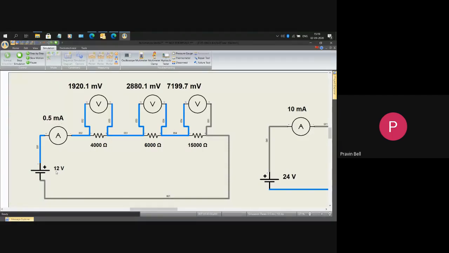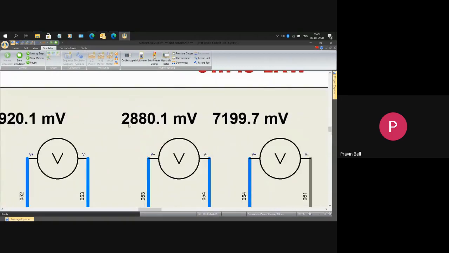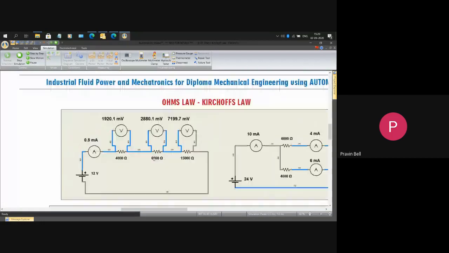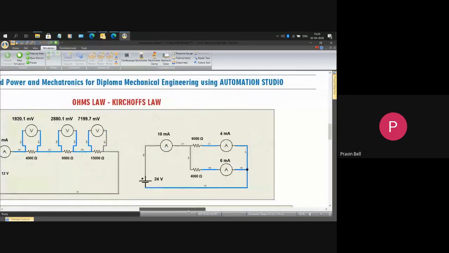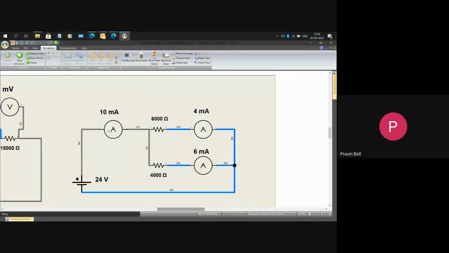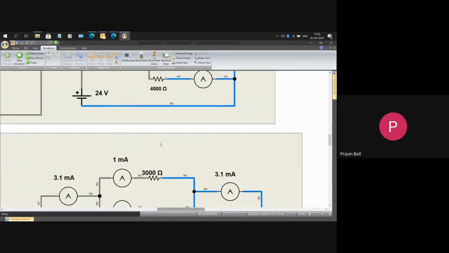So 12 volts coming from here. You can see the values of the voltages here. This can be verification of Ohm's law. Also here, if you see the total current coming here and these two resistors, 4 plus 6 milliamperes is equal to 10 milliamperes. So this is also verification.